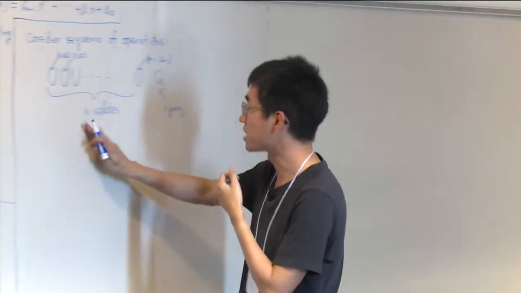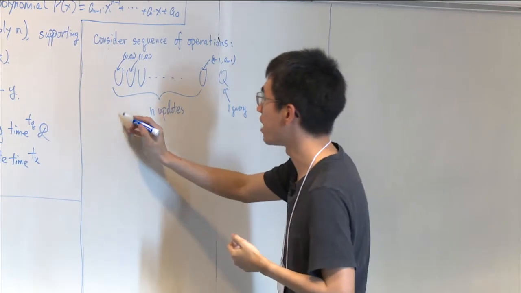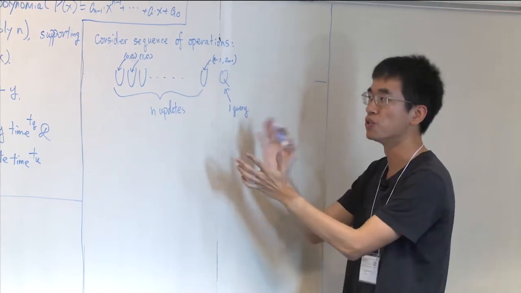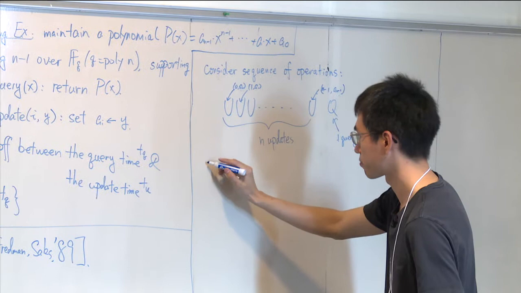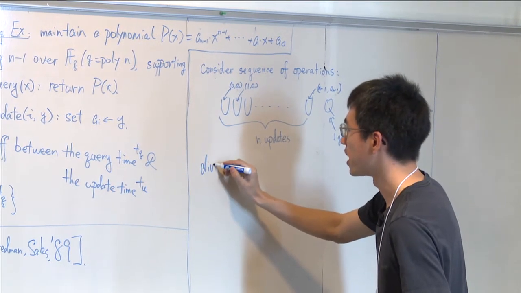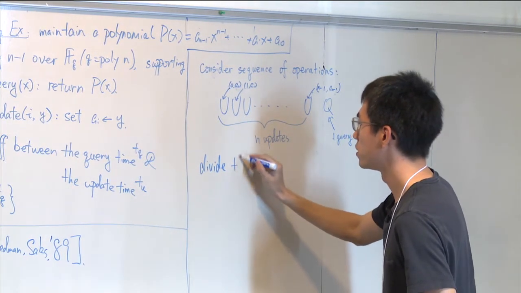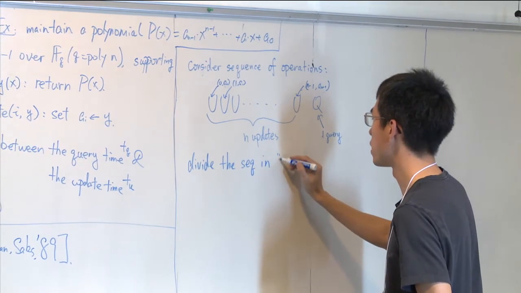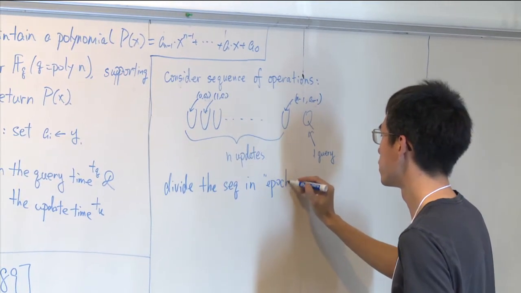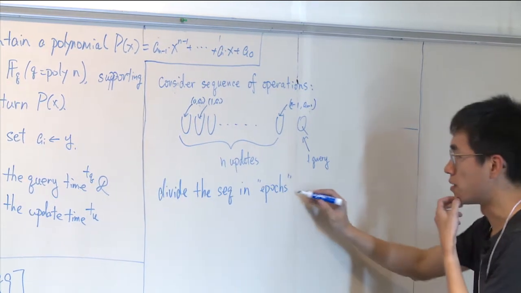Now here is the argument. We get n updates, and then we are going to divide this sequence of n updates into blocks of updates, which are called epochs.